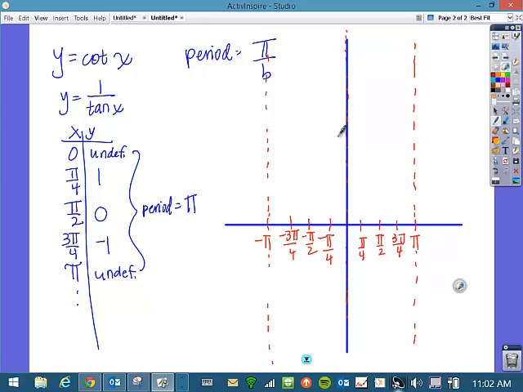Our amplitude is 1, so our max is 1 and my min is negative 1. Cotangent of pi over 4 is 1, cotangent of pi over 2 is 0, and cotangent of 3 pi over 4 is negative 1. And then the same process.